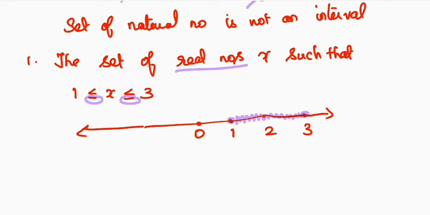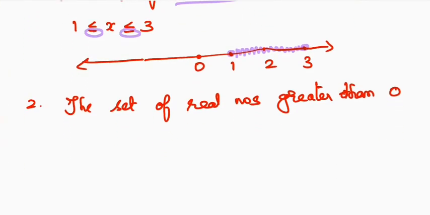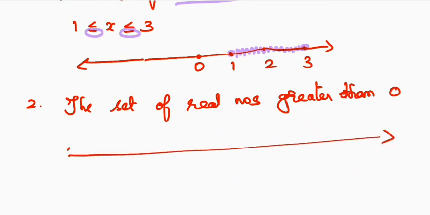I'll go for the second example: the set of all real numbers greater than 0. If I mark on the number line, it is minus infinity, which is not a number, it indicates the end points.